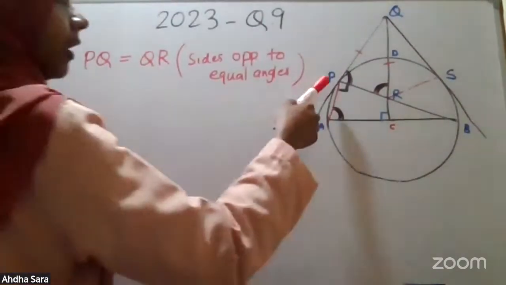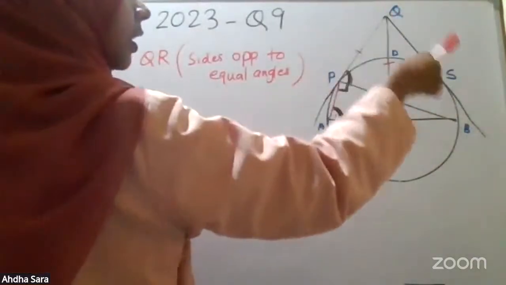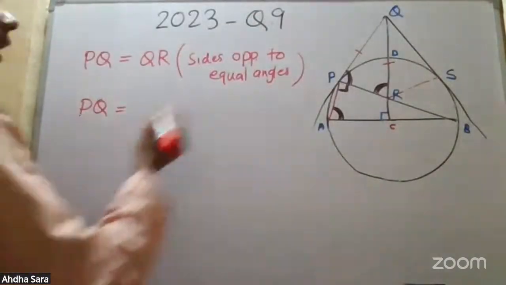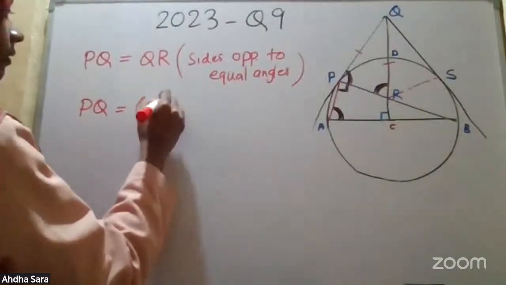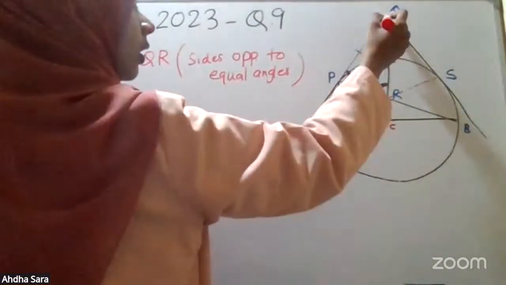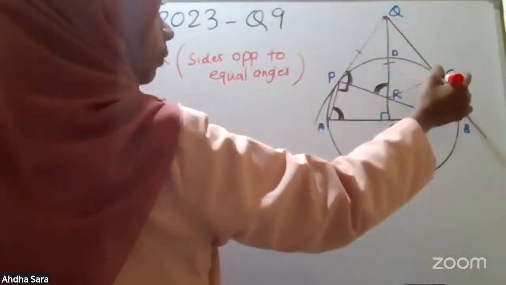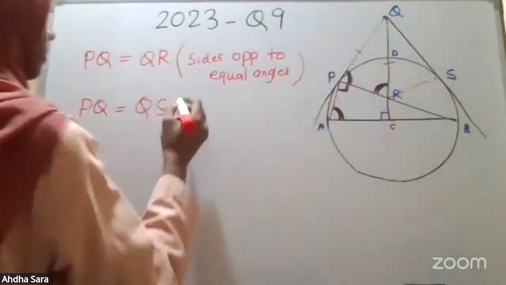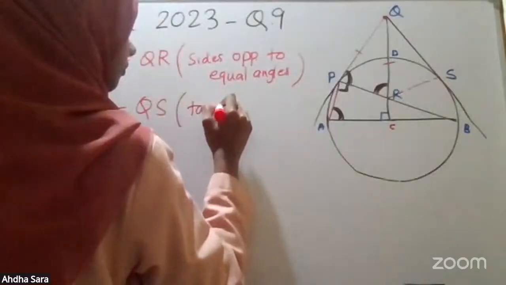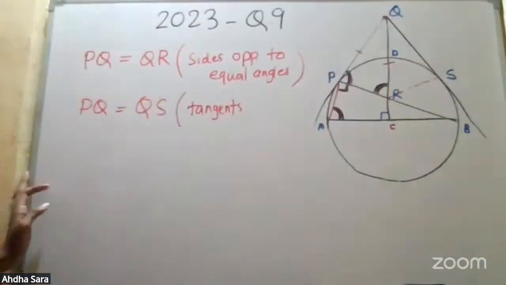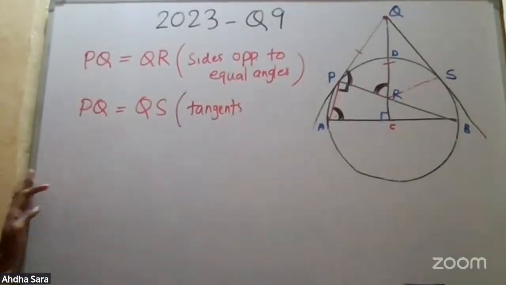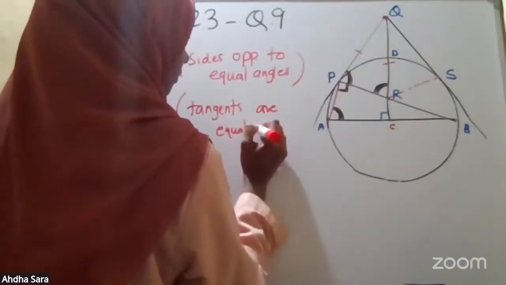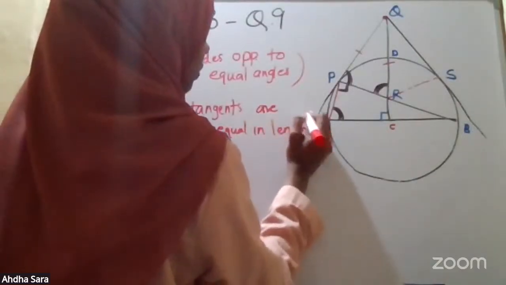Then you can say PQ and QS are equal, because the two tangents that are formed from an external point will be equal in length. So these are the tangents that form from the exterior point, so tangents are equal in length.